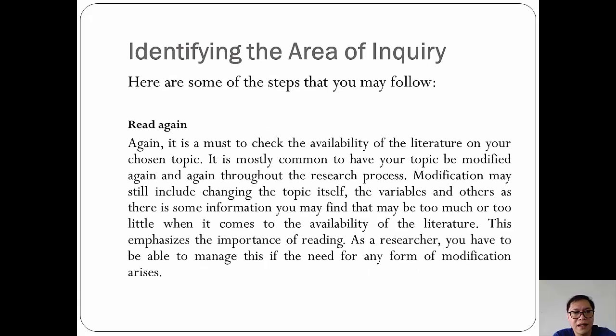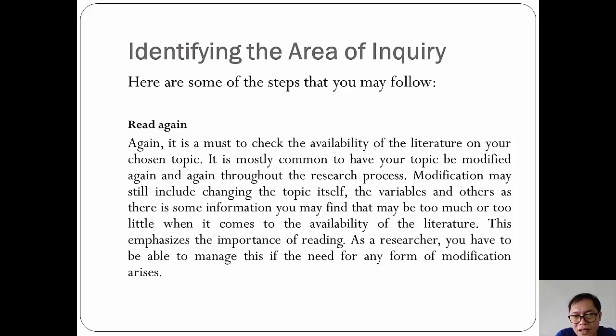Read again. It is a must to check the availability of the literature of your chosen topic. It is very common to have your topic modified again and again throughout the research process. So modification may still include changing the topic itself.